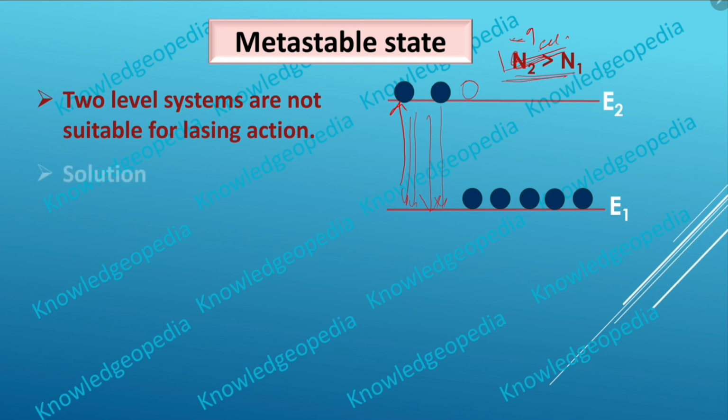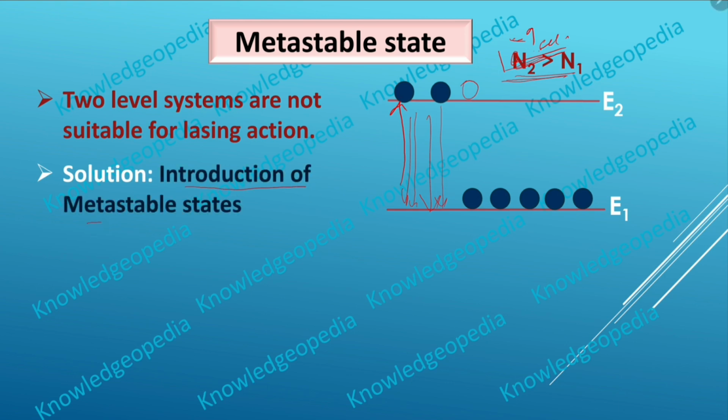So what is the solution for this? The solution is the introduction of metastable states. What is this metastable state? These are some of the excited states which are introduced into the system by applying some impurities or some other means. So these metastable states are excited states which are lying between these two energy states E1 and E2.